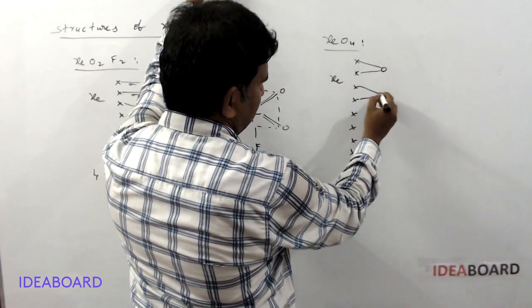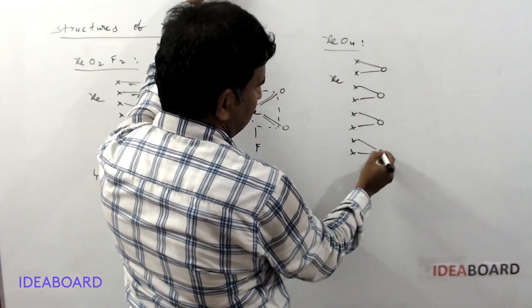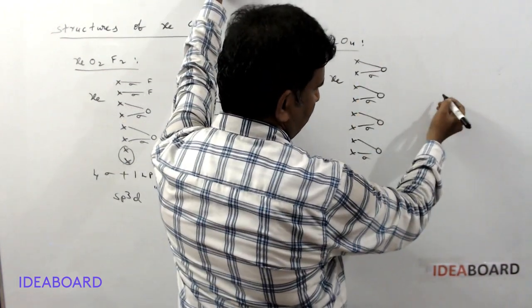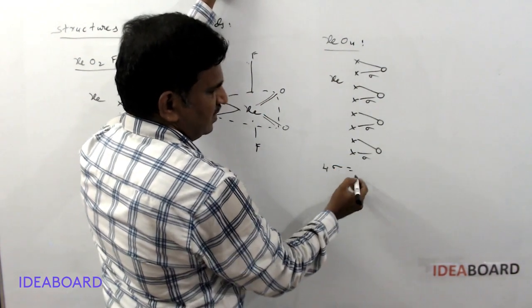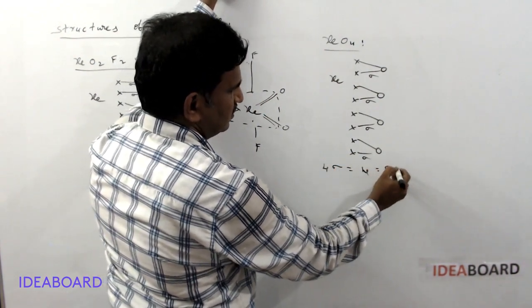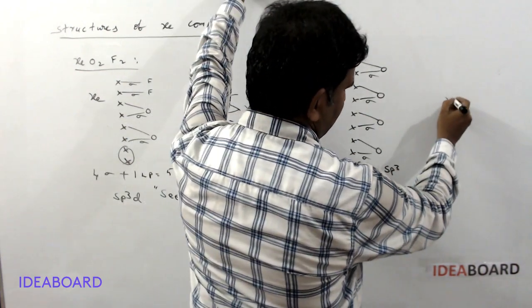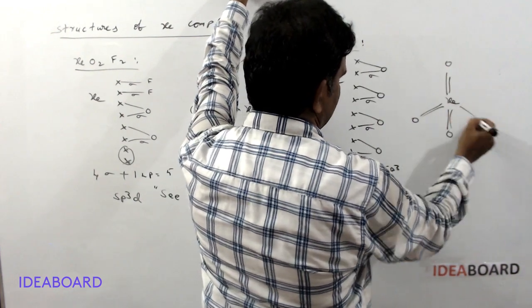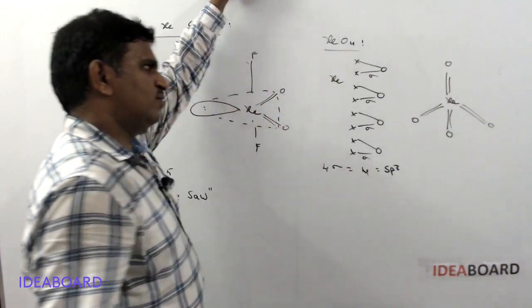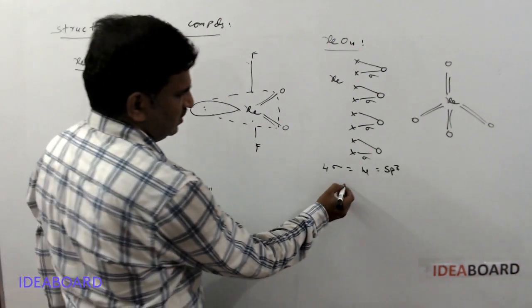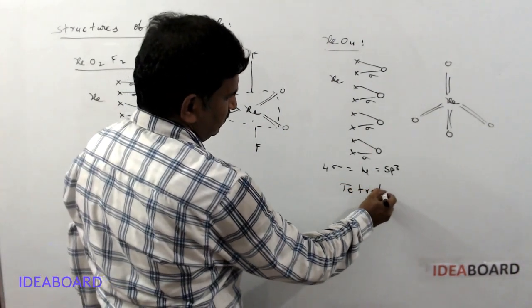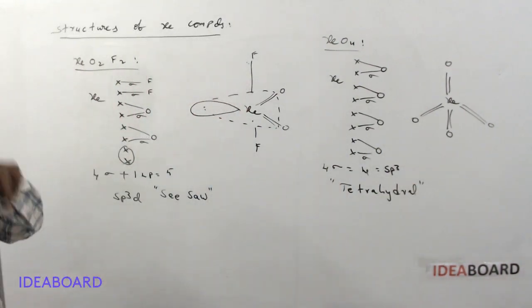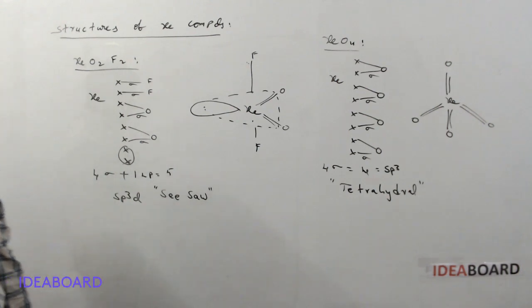One oxygen, second oxygen, third oxygen, fourth oxygen. 1 sigma, second sigma, third sigma, fourth sigma. 4 sigma bonds it is having, no lone pairs, so it is 4. 4 means it is sp3 hybridized. sp3 hybridized means we have 1, 2, 3, 4. That is tetrahedral shape. The molecule is tetrahedral because there are no lone pairs. This is about the structures of xenon compounds.